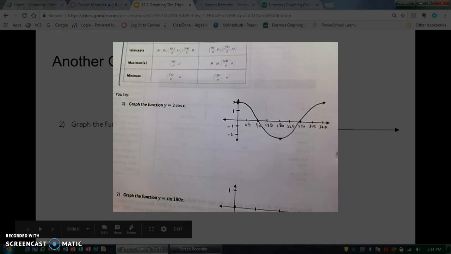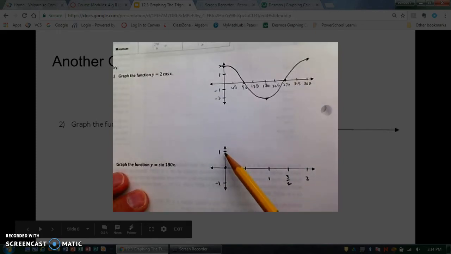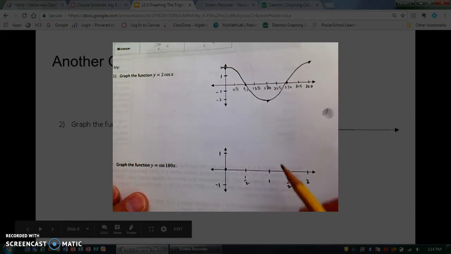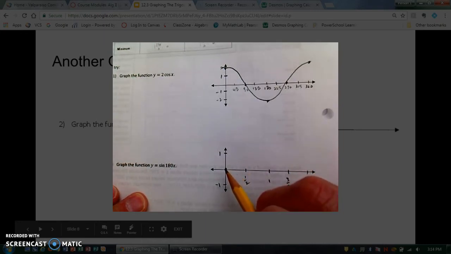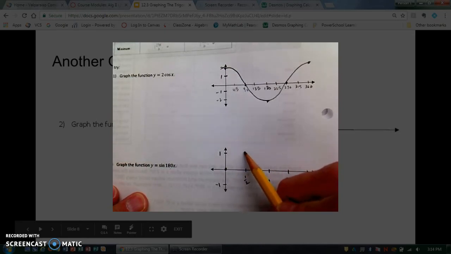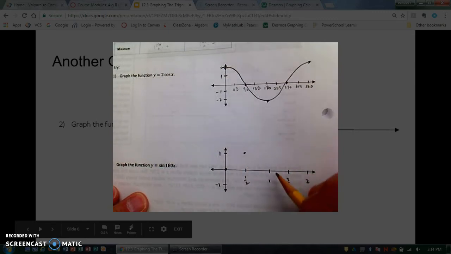So in degrees, I'm going to label this graph with a y value of 1 and negative 1. And on my x-axis, I'm going to go ahead and label 1/2, 1, 3/2, and 2, because this is going to be the period, 2 degrees. So we know we have a maximum at 1/2 and a minimum at 3/2, and it's going to have an intercept at 1, comma 0.